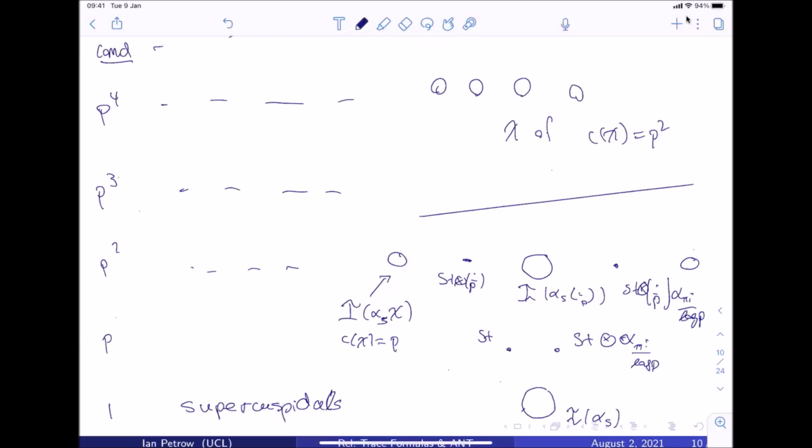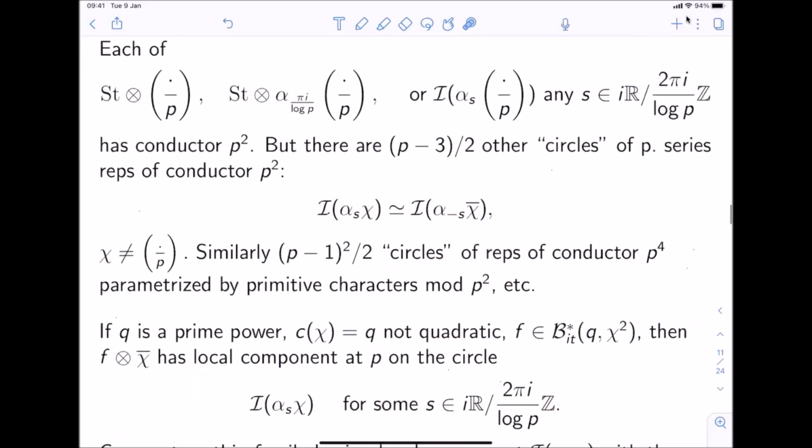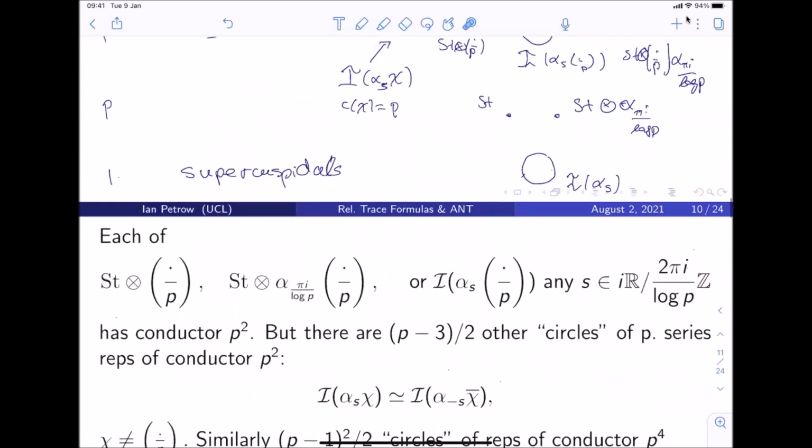So just to say that again in words, each of these 3 things, which are the things that Conrey and Iwaniec are twisting up to level p squared, have conductor p cubed.